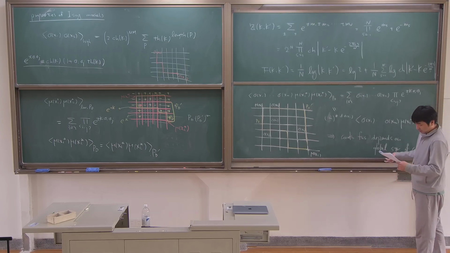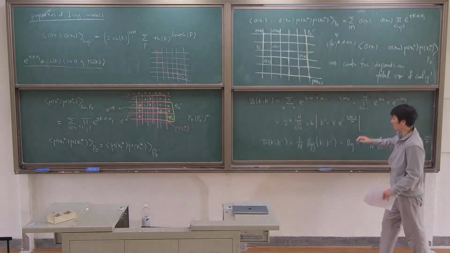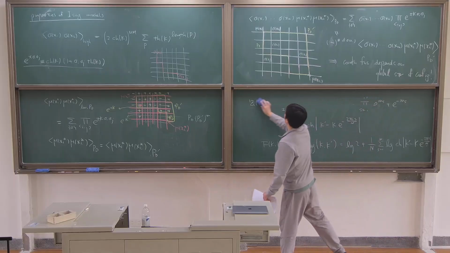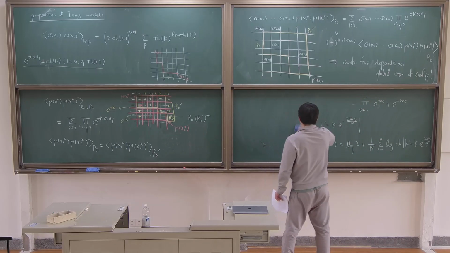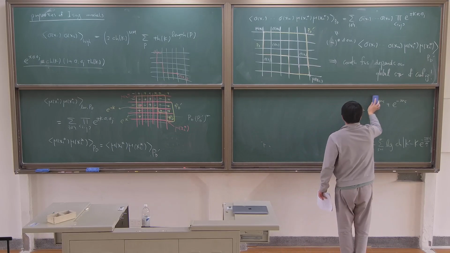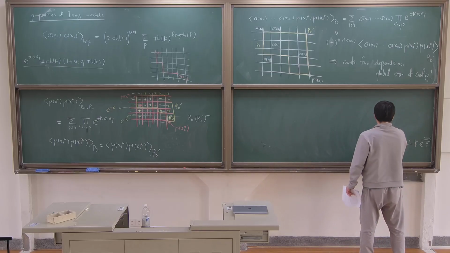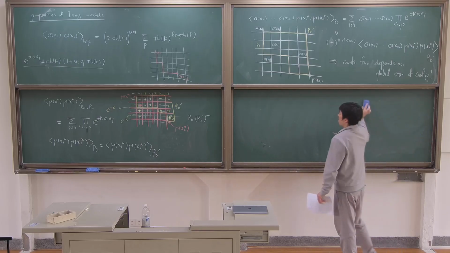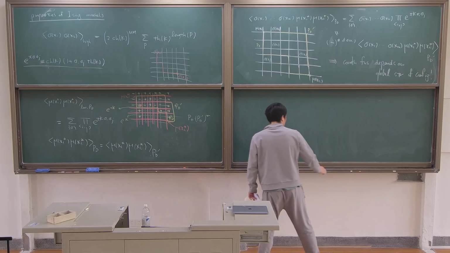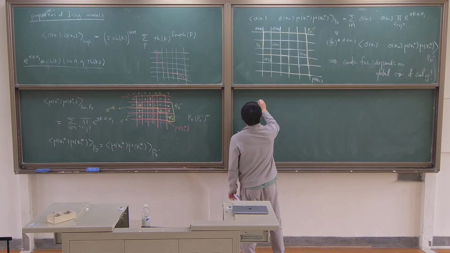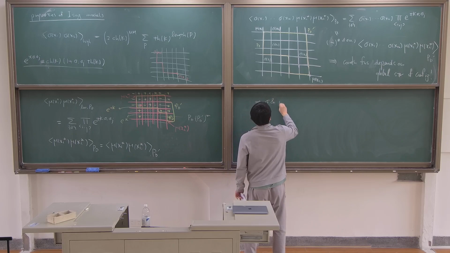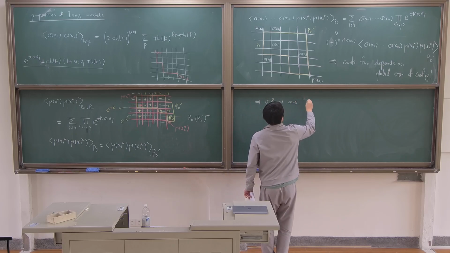And then, therefore, they are actually mutually non-local. Sigma and mu are mutually non-local.